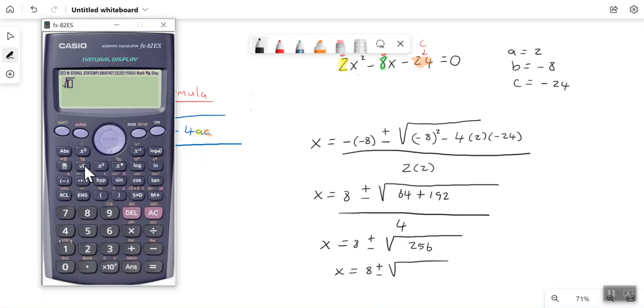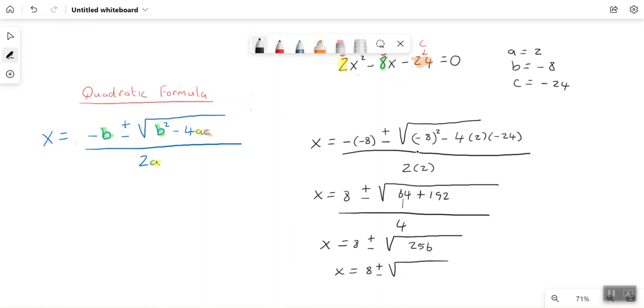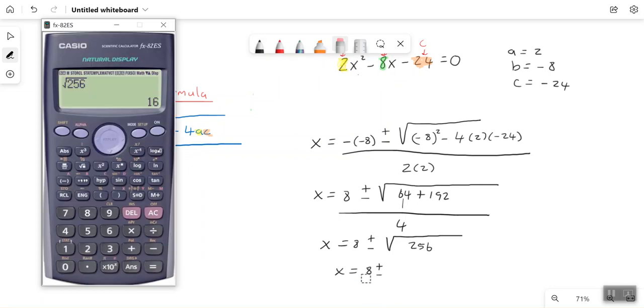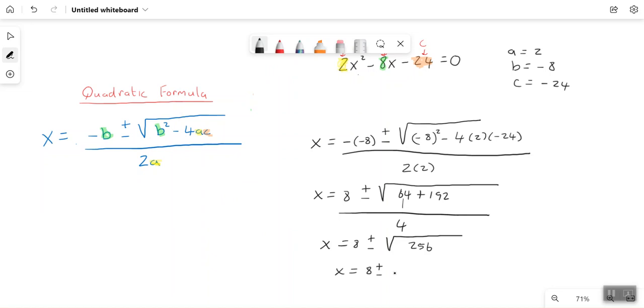So if I get the square root of 256, that's going to give me 16. So it's going to be 8 plus or minus 16 over 4.